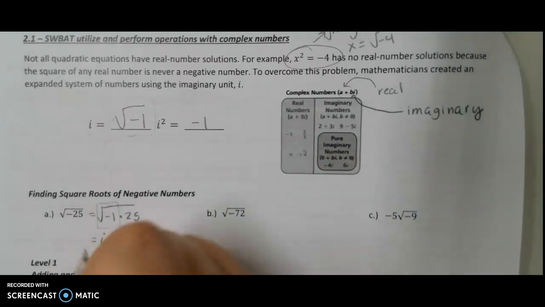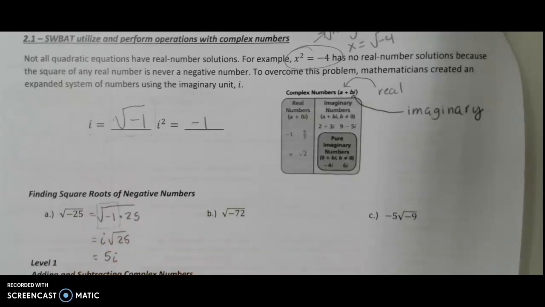It's 5, so this is really 5i. When you have an imaginary and a root, you put the imaginary up front, the root after. When you have a whole number and an imaginary number, you put the whole number first. So the square root of -25 is equal to 5i.